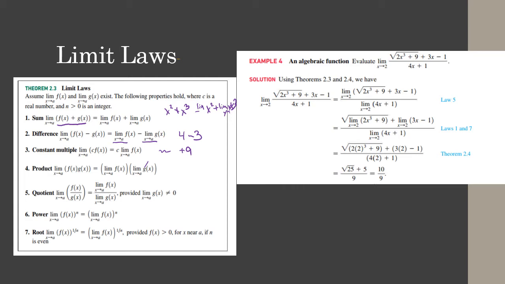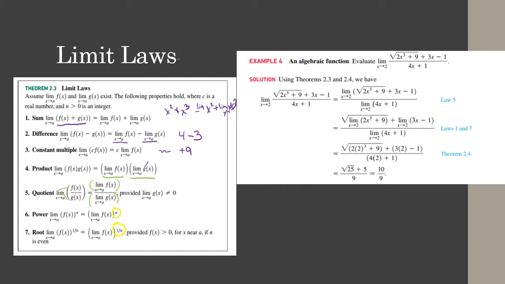Now, we can also take functions that are multiplied together and take the limit of each of those. Same with division. We can apply that limit to the numerator and the denominator. If we have something raised to an exponent or a fractional exponent, we can do that as well.